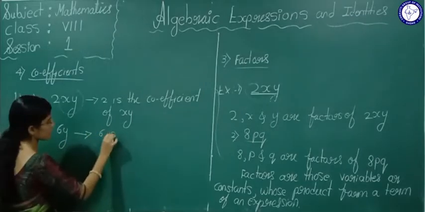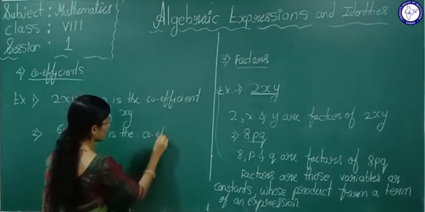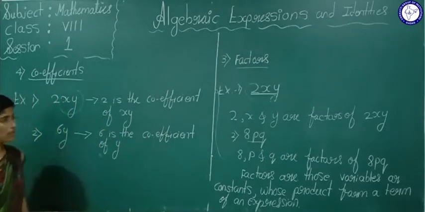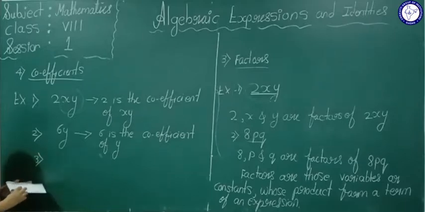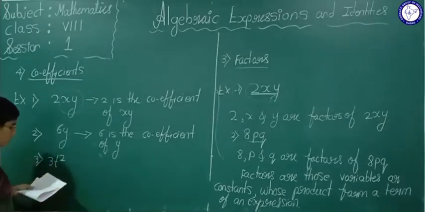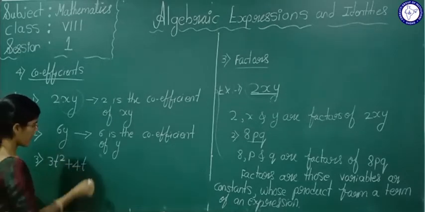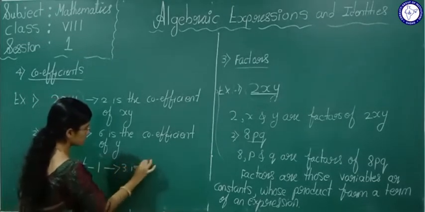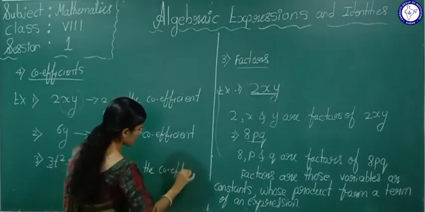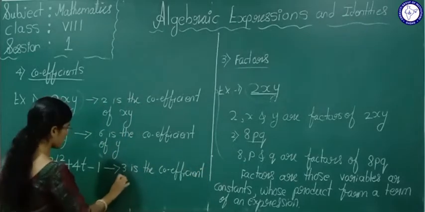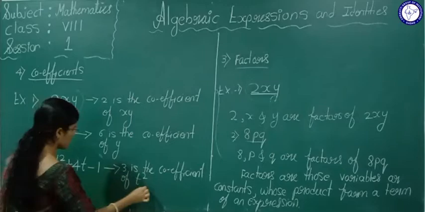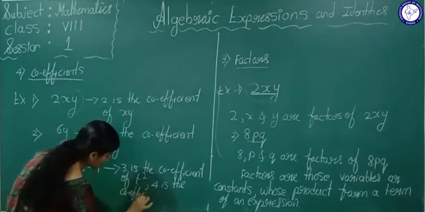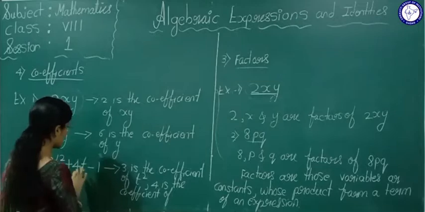See, 6 is the coefficient of y. We will take one more example: 3t square plus 4t minus 1. 3 is the coefficient of t square. 4 is the coefficient of t.